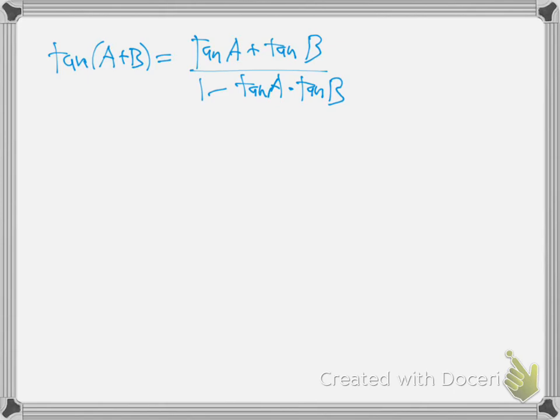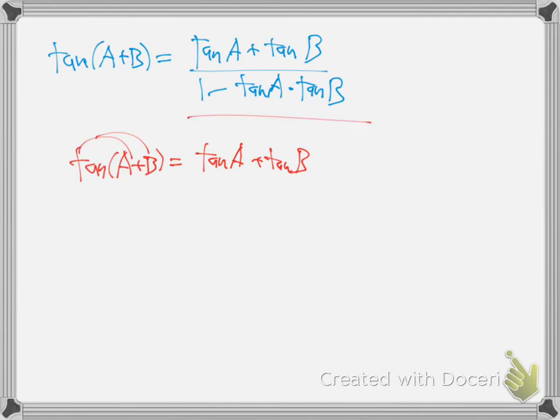When I was a trig student, I looked at tangent A plus B and thought that's just tangent A plus tangent B. That's not true, or they would have said that. You can't just distribute because it's not multiplication. You got to do this instead, because it's a function. It does a special thing.